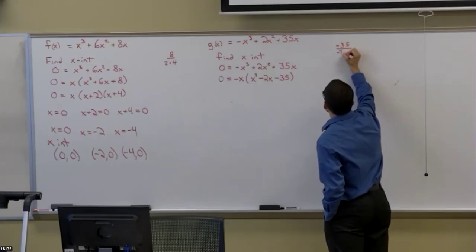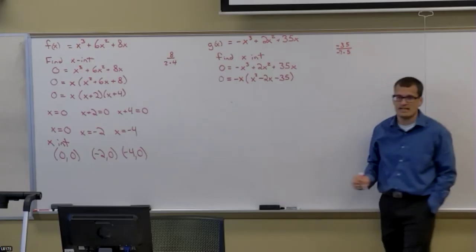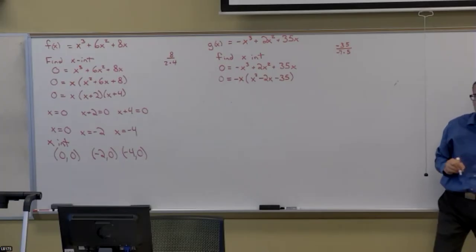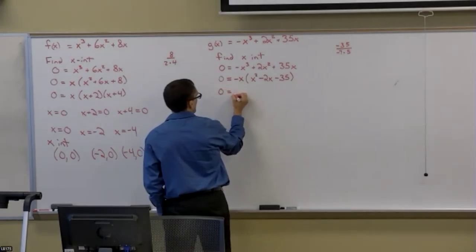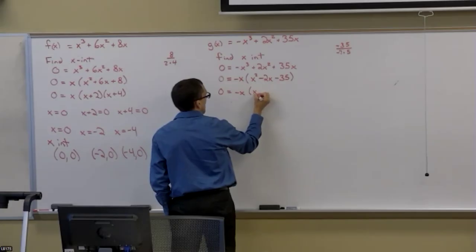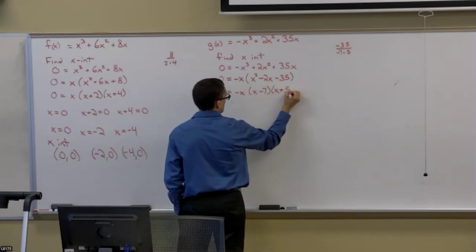Negative 7 times a positive 5 would multiply to give me negative 35 and add to give me negative 2. So I use those two factors, and my quadratic factors into x minus 7 times x plus 5.